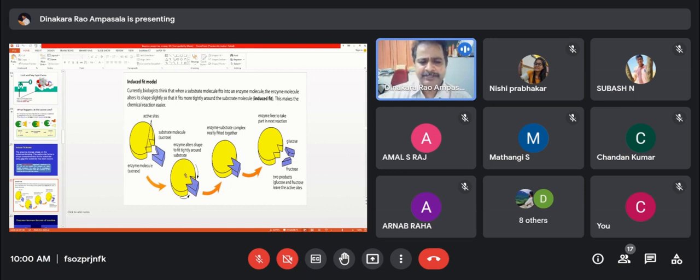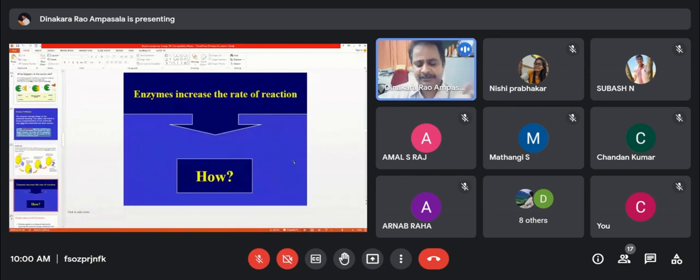So it changes its structure and makes a tight interaction with the substrate by inducing changes in its active site. In due course, the substrate becomes a product. This induced fit model is accepted by all people, because this may be the reason how proteins interact with the substrate molecule in a biological system.